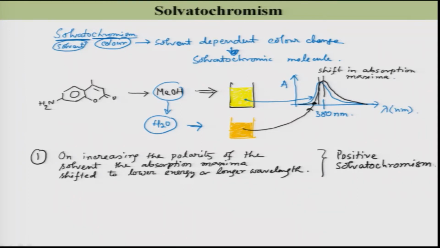And the other one is just opposite. The second one is just opposite the first one, that is, on increasing the polarity of the solvent, the absorption maxima shifted to higher energy or the shorter wavelength, right.